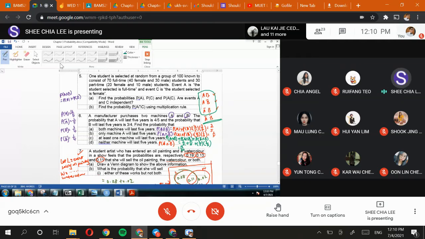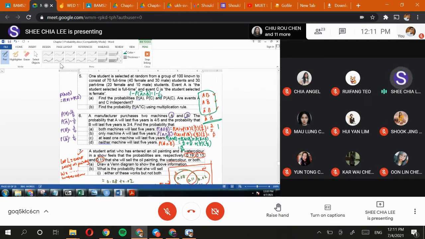Or else, you can say at least one machine will last, meaning I will take the total probability, which equals 1, right? The total probability will equal 1. So can I say I use the total probability minus this probability? I will get these 3. Same, right? Okay, so you use 1 minus A doesn't last and B doesn't last.